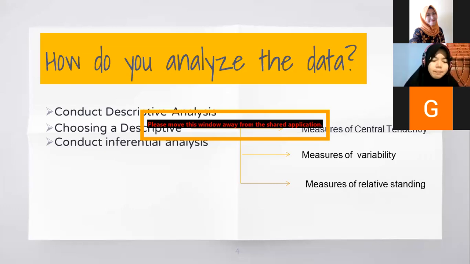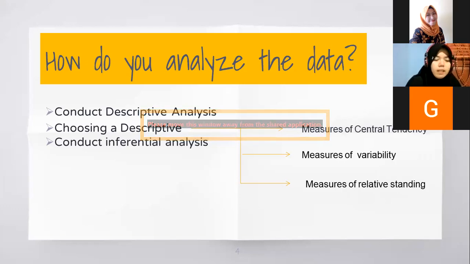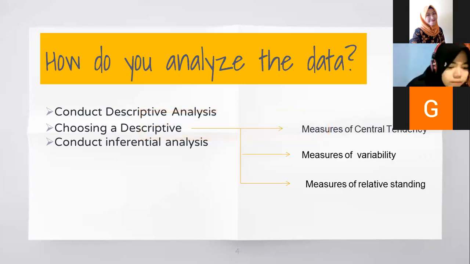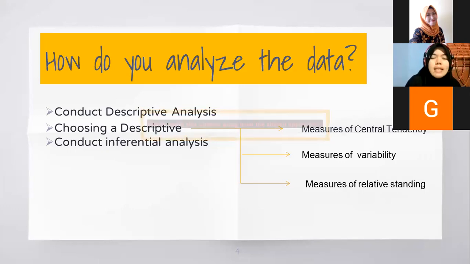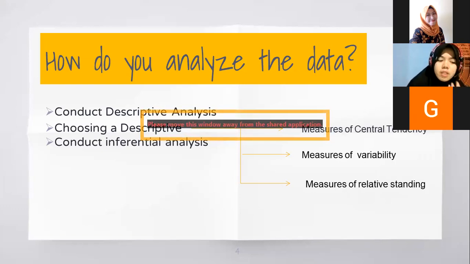The first one is measures of central tendency, which help us summarize by representing a single value in a distribution of scores.